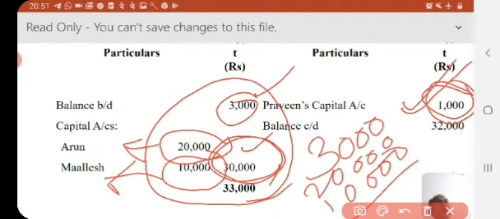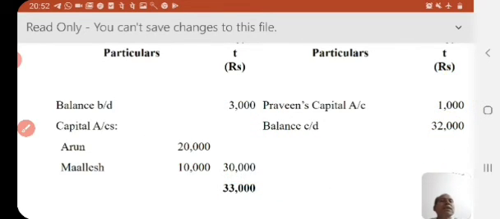So 32,000 is the balance in the cash account, that is how the cash is arrived at. Okay, see this carefully.